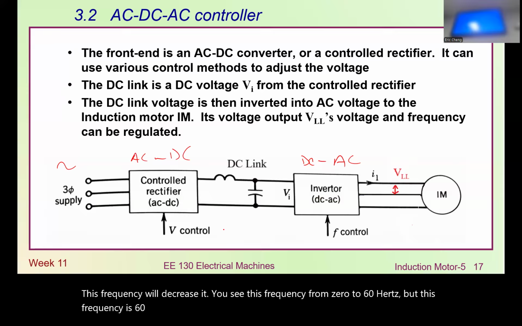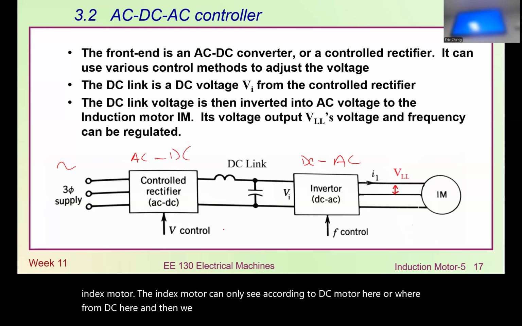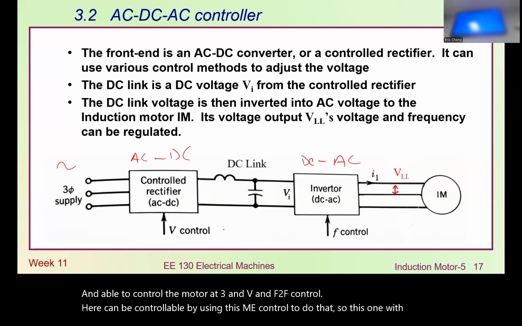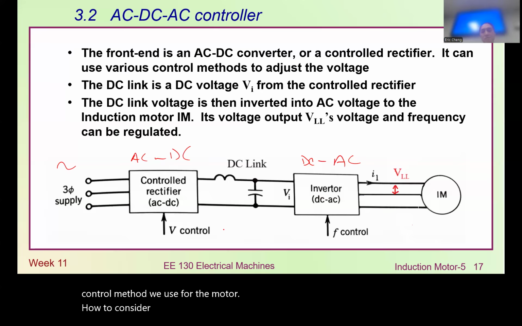So using this link, all the 60 Hz here disappears from the induction motor. The induction motor can only see a constant DC voltage or a variable DC voltage here. And then we adjust these frequencies, and we are able to control the motor with V and F control. So that is what we're trying to do. The line voltage here can be controlled by using this V control and F control. So that's one of the control methods we use for the induction motor, to control the voltage and the frequencies.